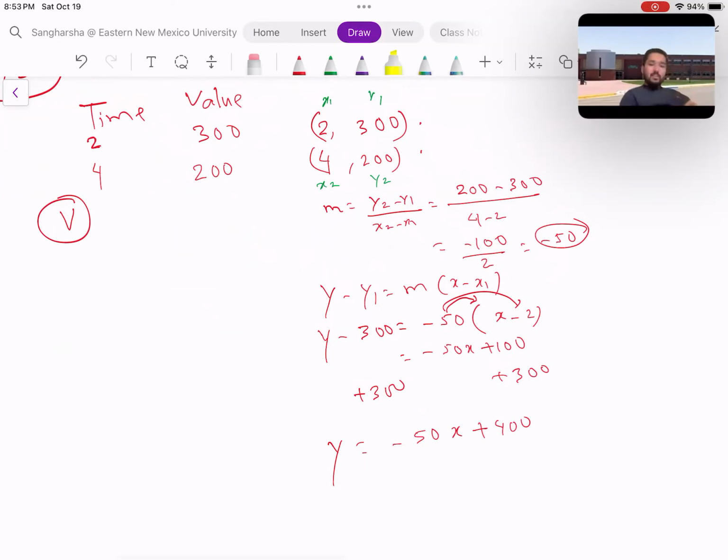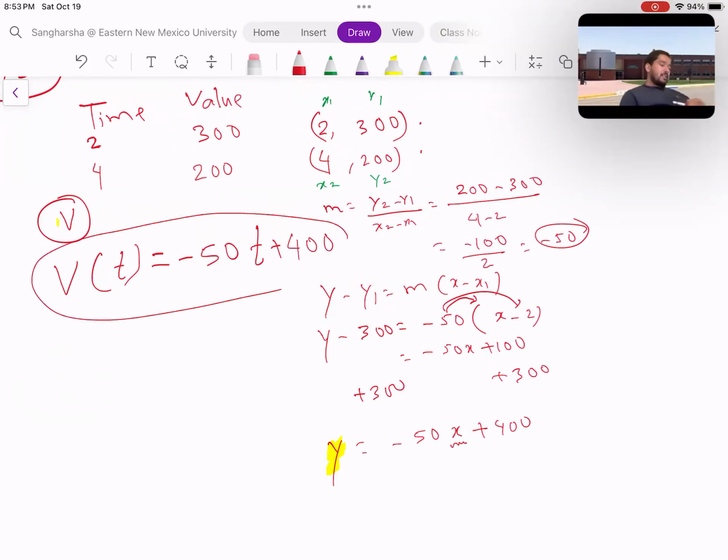Your y is the V function. Since we are expressing in terms of time, V of t equals negative 50t plus 400. This is the expression which gives us the value of a printer.